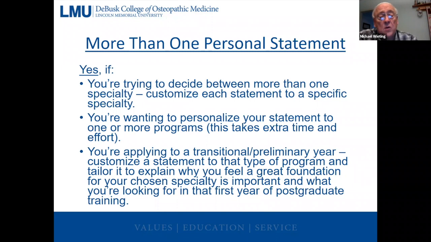Okay. If you want to personalize your statement to specific programs, so if, say, you're applying to 15 programs and maybe there's 5 of them that are really one type of program and 10 of them that don't quite fit that model, but fit a little bit of a different model, but you'd be okay with any of those, then you're probably going to want to submit 2 versions of your PM&R statement.